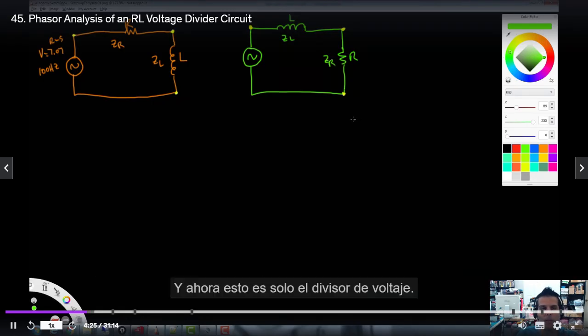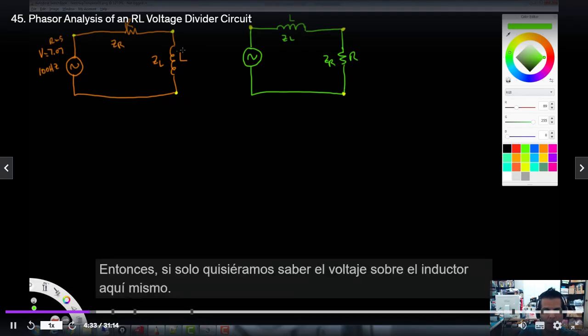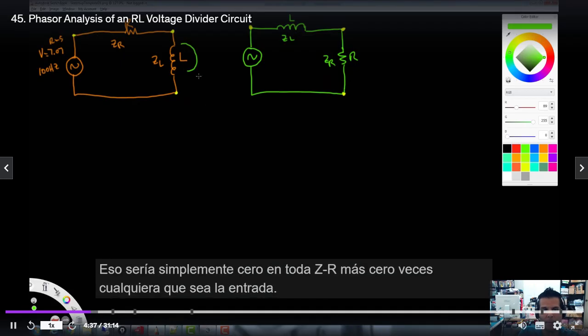Now this is just the voltage divider. So if we wanted to know the voltage over the inductor, that would simply be ZL over ZR plus ZL times whatever the input is.